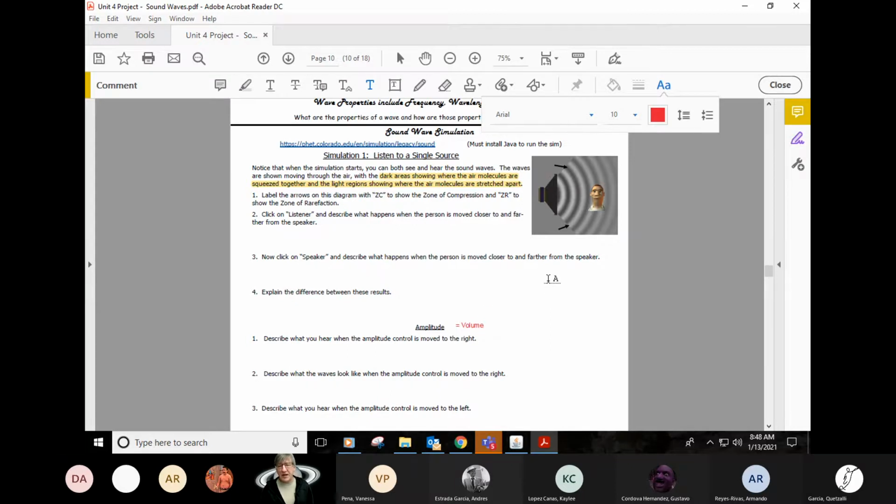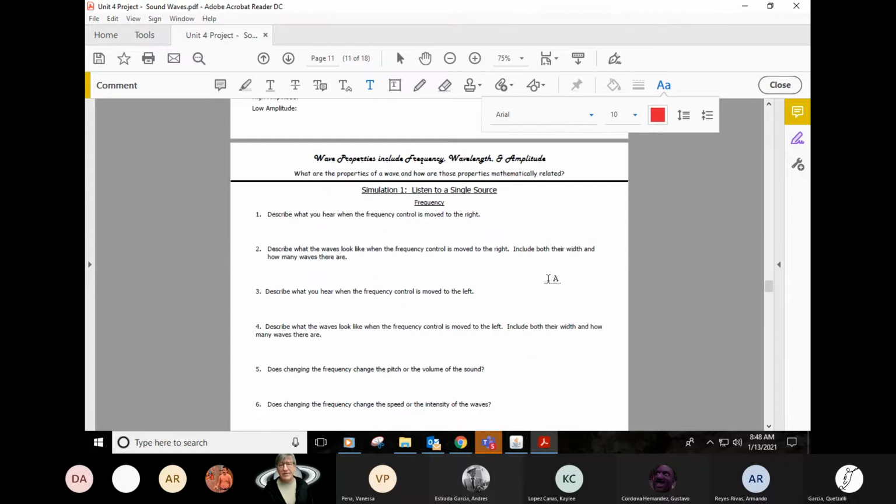After we modified amplitude, we moved on to modify frequency. And frequency is basically the same as the pitch of a note. Whether it's a high note or a low note, that is going to be changing the frequency of vibration, how fast it's vibrating. When you pitch your voice very high, your vocal cords vibrate rapidly.